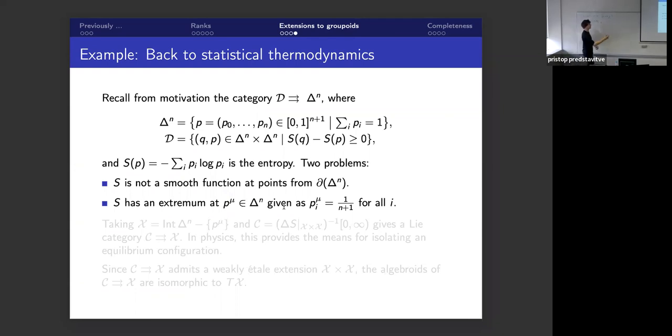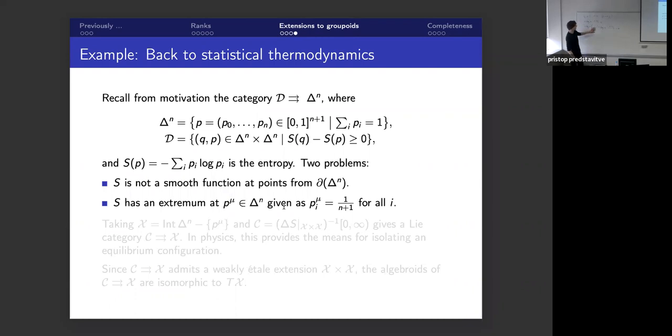So you can extend S to the whole n simplex, but on the other hand, if you look at, for example, its first derivative, what is it going to be? It's just 1 plus logarithm of x, right? And as x goes to 0, this goes to minus infinity.